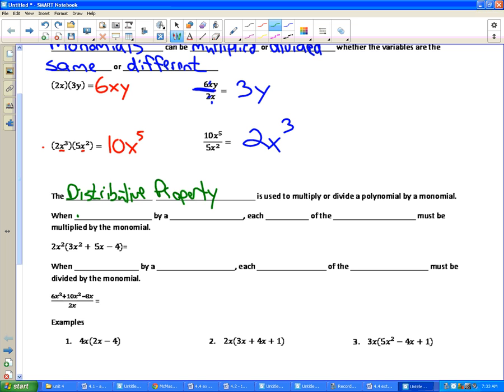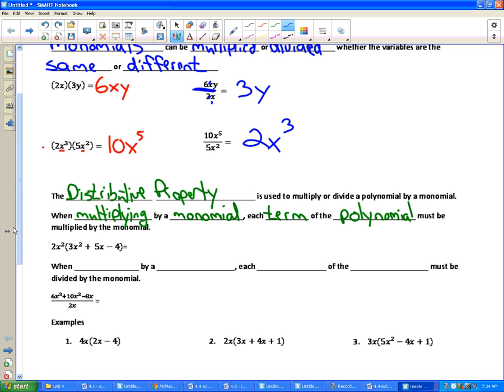When multiplying by a monomial, so by one term, each term of the polynomial must be multiplied by the monomial. And that's the distributive property that we looked at the other day. And we'll look at this again as we take an example here.